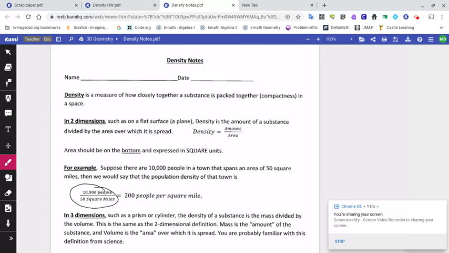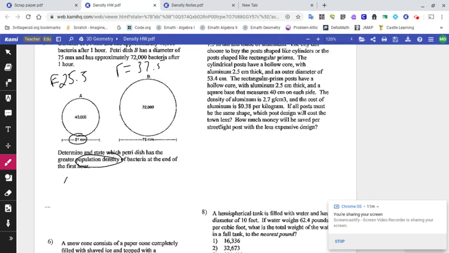So for A, it's the number of bacteria over the area, which is pi times 25.5 squared, that's pi r squared. That number is going to be 19.58 bacteria per square millimeter.